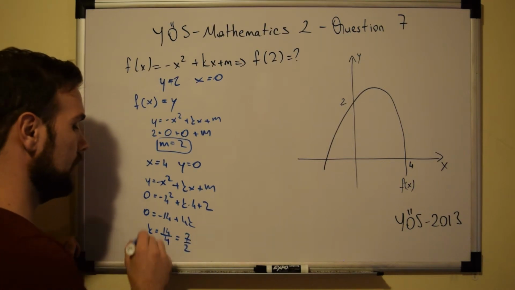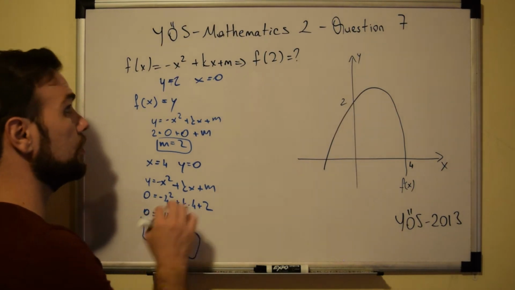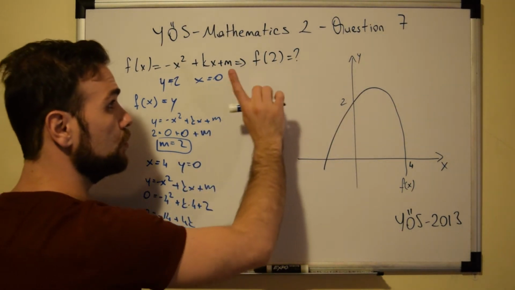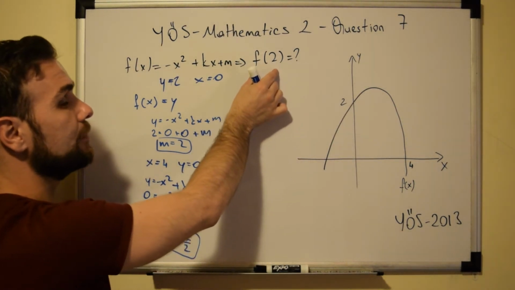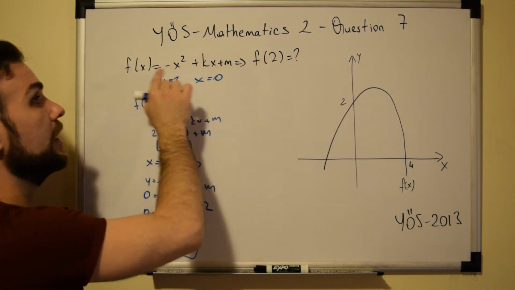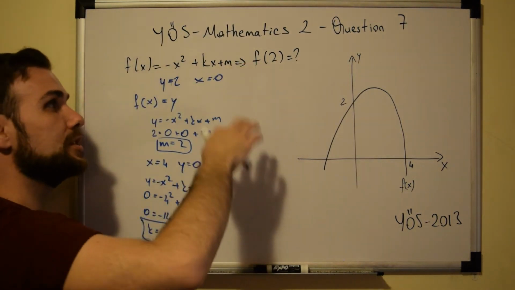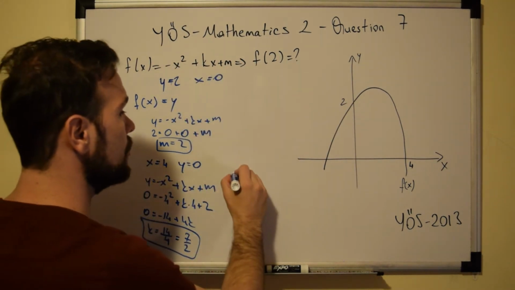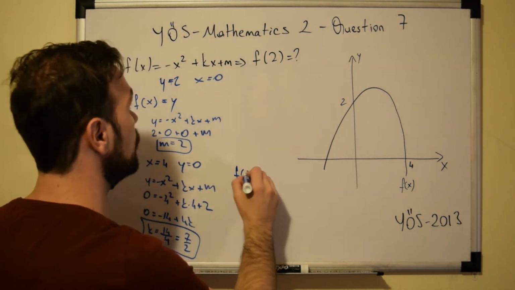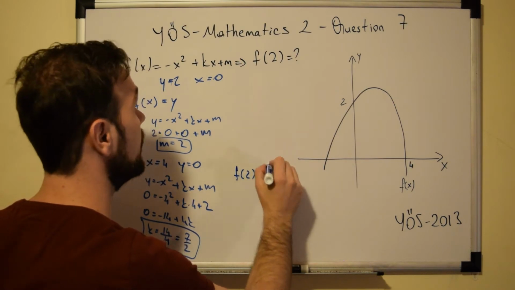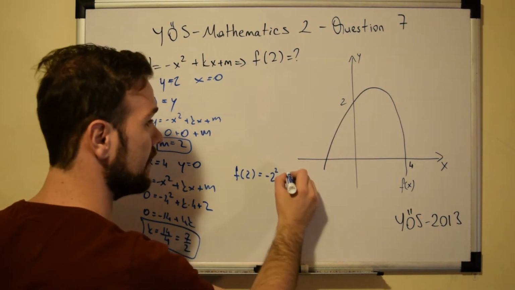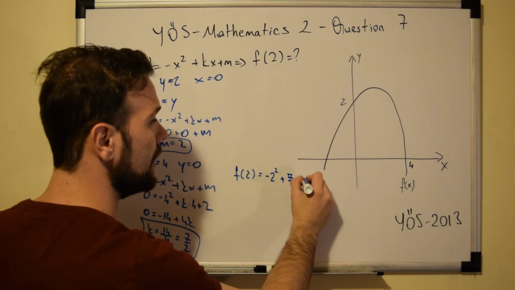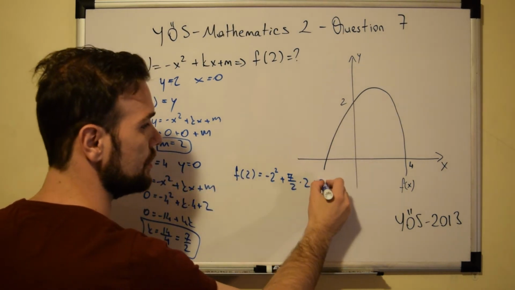Now that we find the value of k, we will be able to find the value of f(2). So don't forget that if we are given f(2), it means that instead of x we are given 2, which means that for every x we will apply the value of 2. So f(2) is equal to minus 2 squared plus k, which is 7 over 2, times 2 plus m, which is 2.